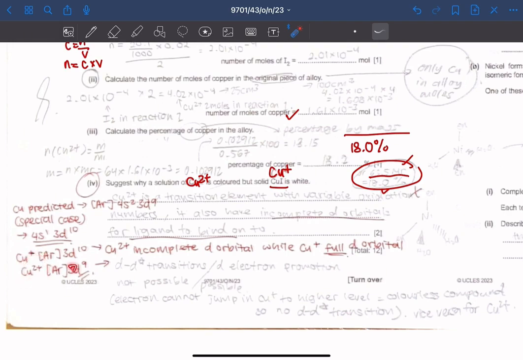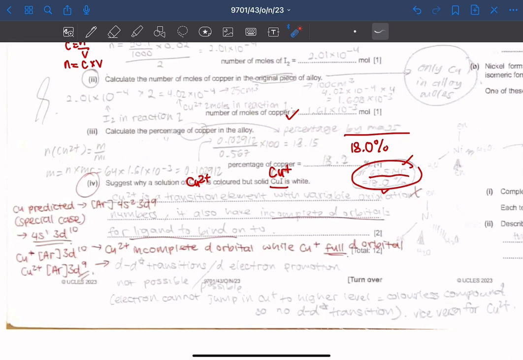Then Cu2+ is [Ar] 3d9, and therefore the first point we should get for answering this question is Cu2+ has an incomplete d orbital, and therefore it's counted as a transition element and is a colored compound, while Cu+ has a full d orbital. A full d orbital means that it is not a colored compound.